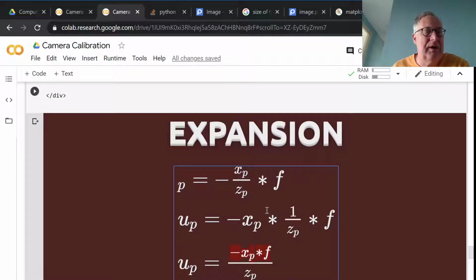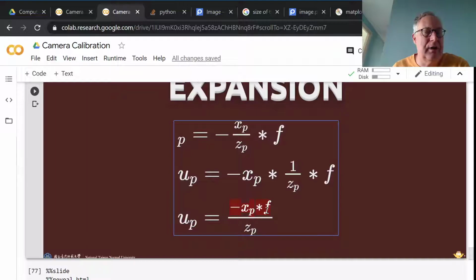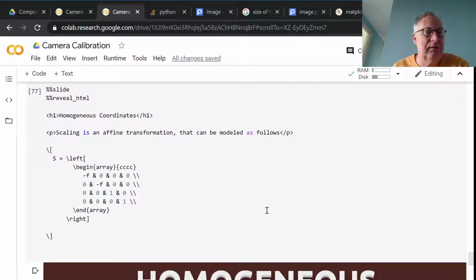There's no affine transformation matrix that I can apply that will allow me to do that.